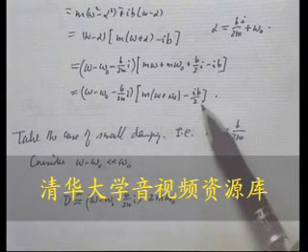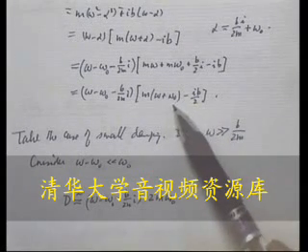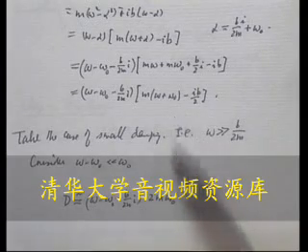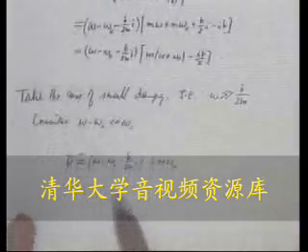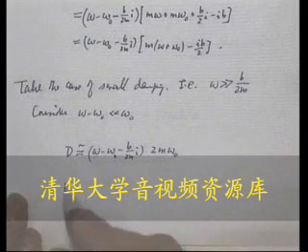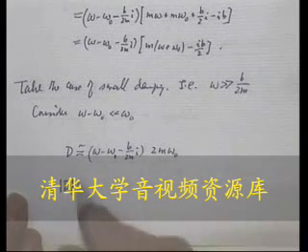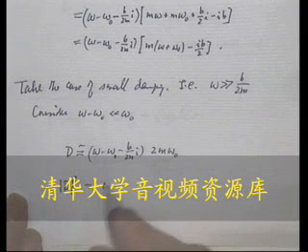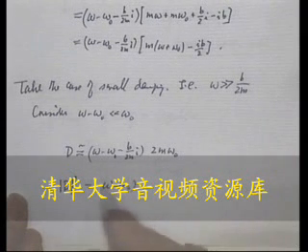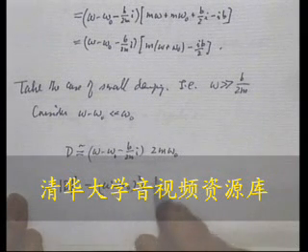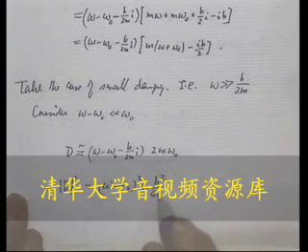Because this is small, omega is approximately equal to omega 0. So you see, what is this d? If you take the absolute value of d squared, it's equal to (omega minus omega 0) squared plus b squared over 4m squared.